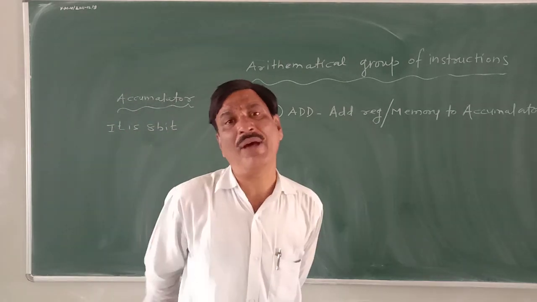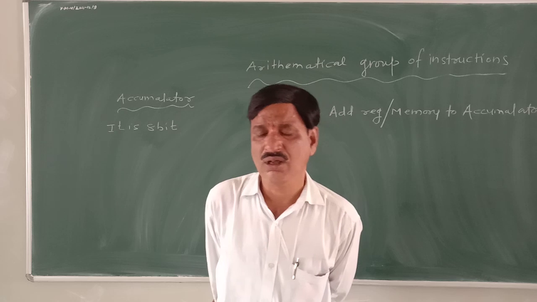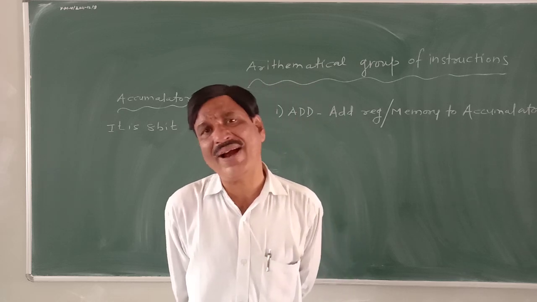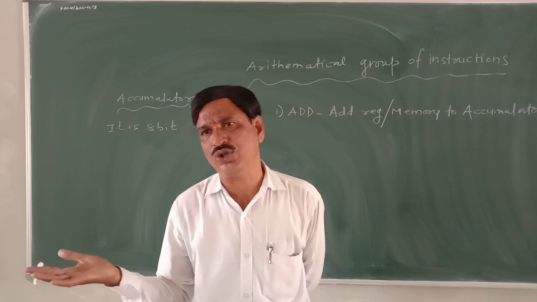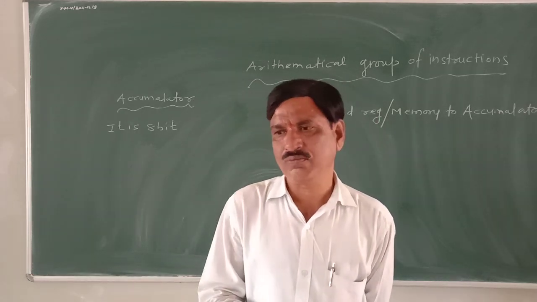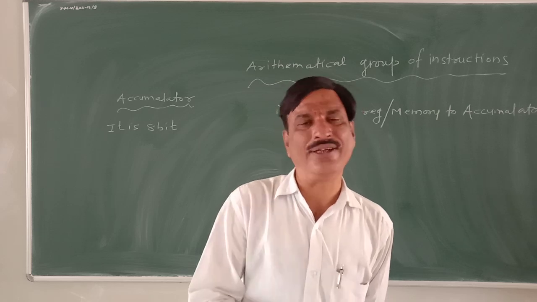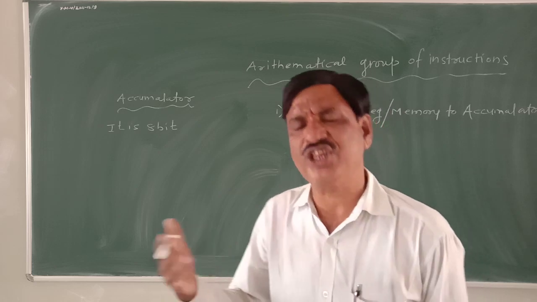We know what a register is: it is a memory element. The microprocessor is broadly divided into 3 parts: the ALU, which performs the arithmetical and logical operations, registers for temporary storage, and the control unit. Depending upon the microprocessor, there are various types of registers.